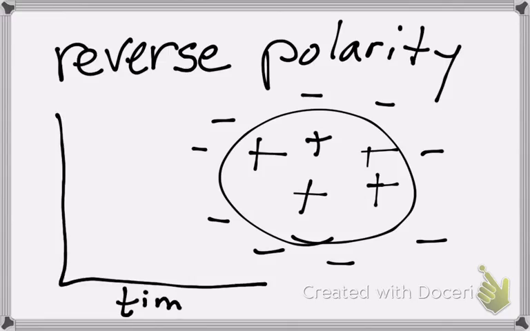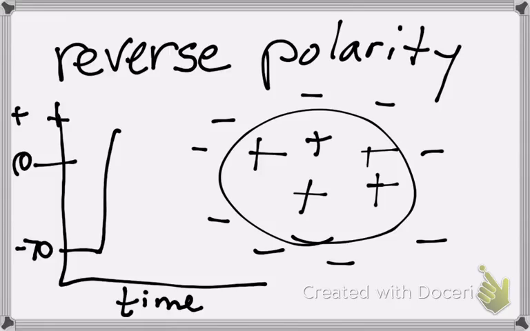Again, over time. So if I'm resting at -70, what would it look like? You have to mark where 0 is, and it's actually going to go above 0. Typically, a cell in the middle of its action potential reverses its polarity and goes up to +30 or 35. And then it drops right back down again.